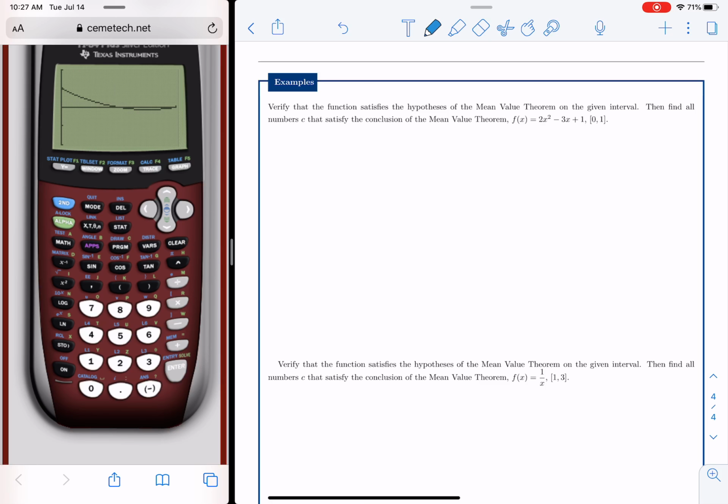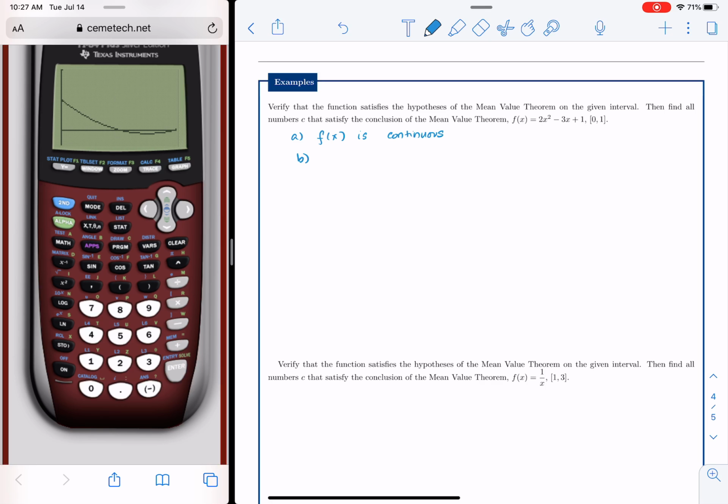So it is continuous. Maybe I could even adjust it furthermore and get a better picture. Looks continuous to me. 0.5. Okay, so we have a graph that is continuous. So a, f of x, is continuous.